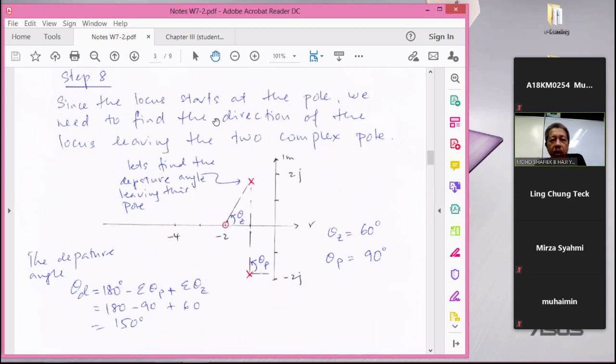Since the locus starts at a pole, we need to find the direction of the locus leaving the two complex poles. Let us now find the angle leaving the first pole at -1 plus 1.7j. So you need to compute the angle from the other pole. You have one other pole.